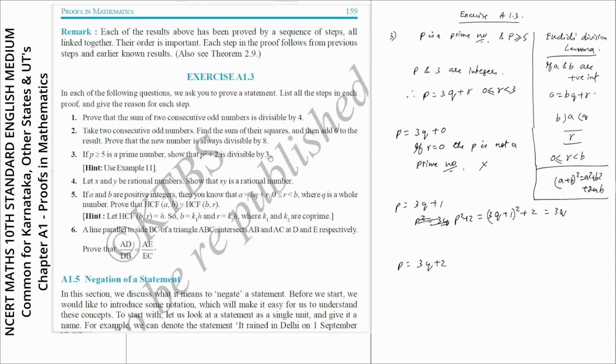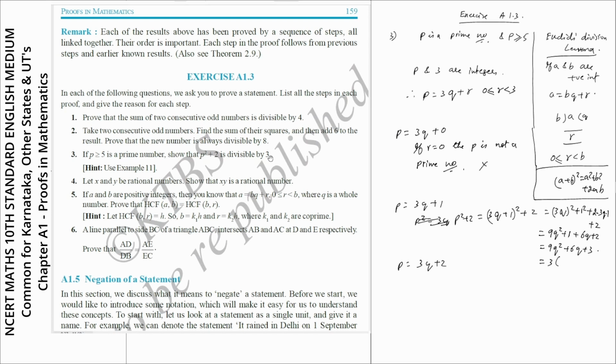This is (3q) the whole square plus 1 square plus 2 into 3q into 1 plus 2. So I'll get 9q square plus 1 square is 1, plus 2 3s are 6, 6 into q is 6q, so 6q plus 2. So I'll get 9q square plus 6q, and 1 plus 2 is 3. So I can take 3 as common.